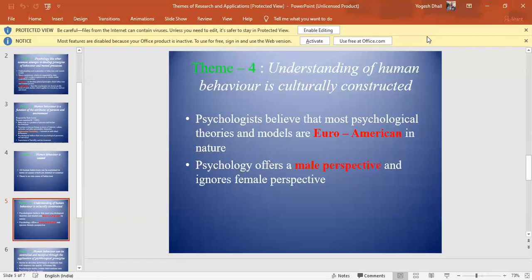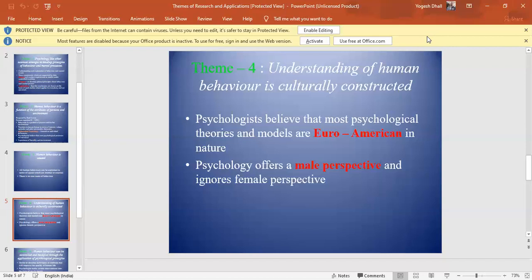Like in India also, many psychologists have developed Indian culture-based theories. One more critique was raised by feminists, that psychology offers a male perspective and ignores the perspective of women.